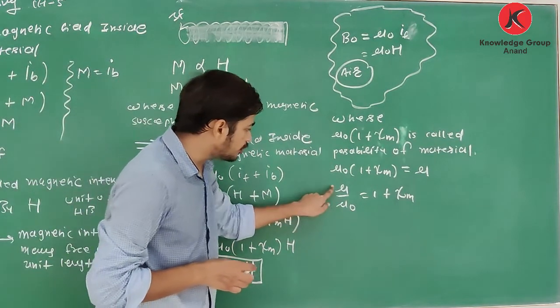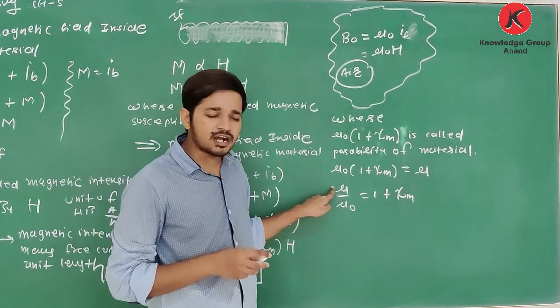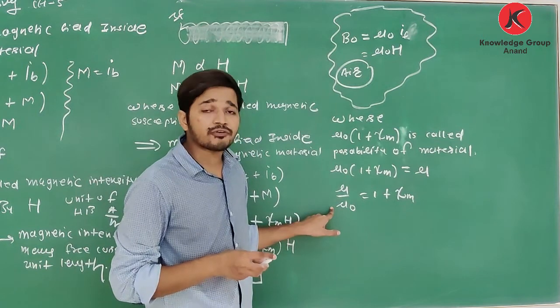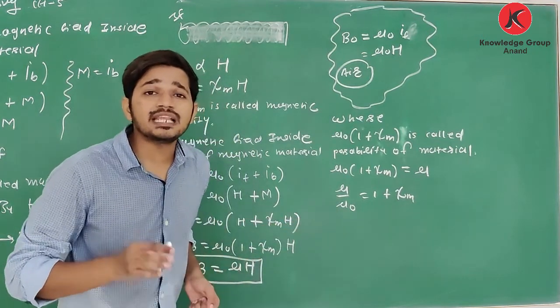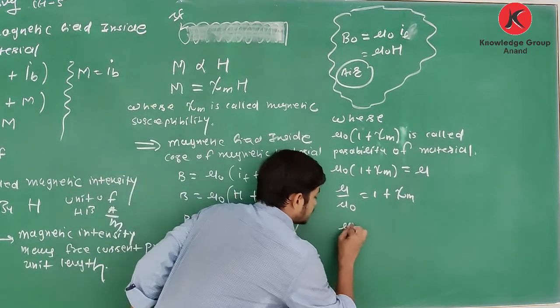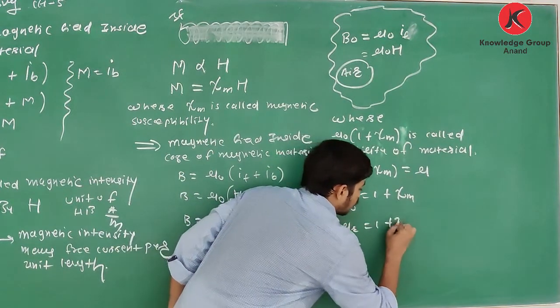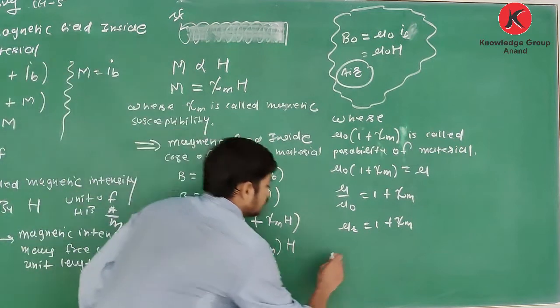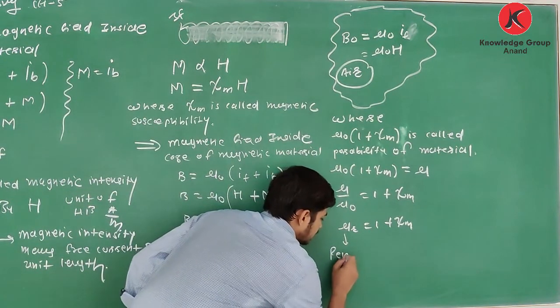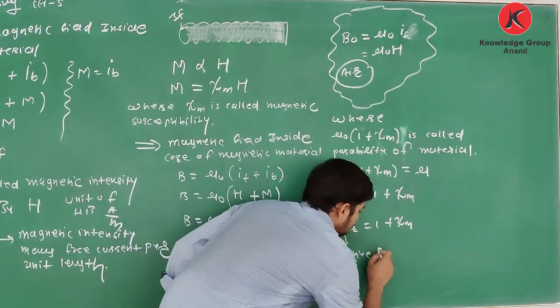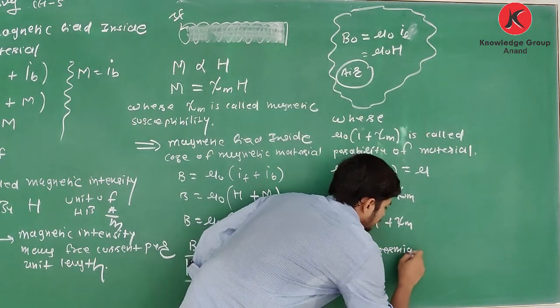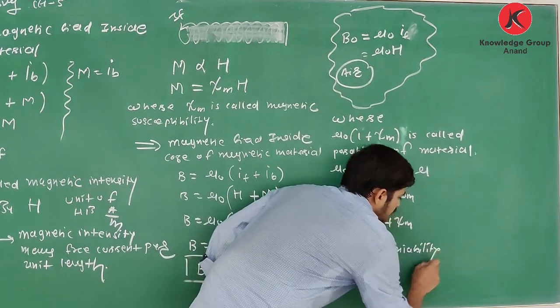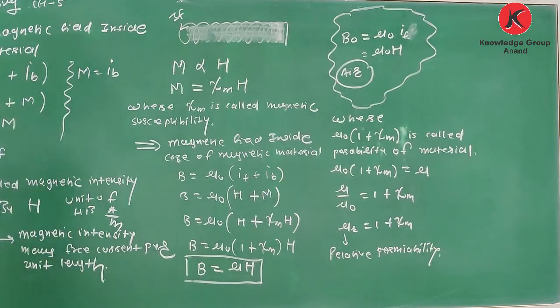Mu upon mu 0, the permeability of the medium divided by the permeability of air, is called relative permeability. That is mu r is equal to 1 plus chi m. It is relative permeability. Clear about this?